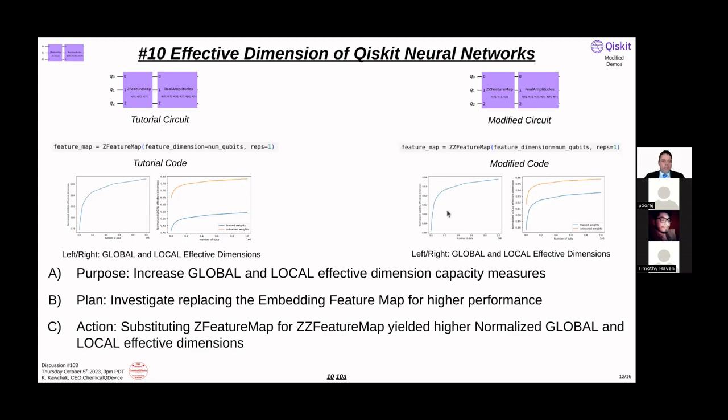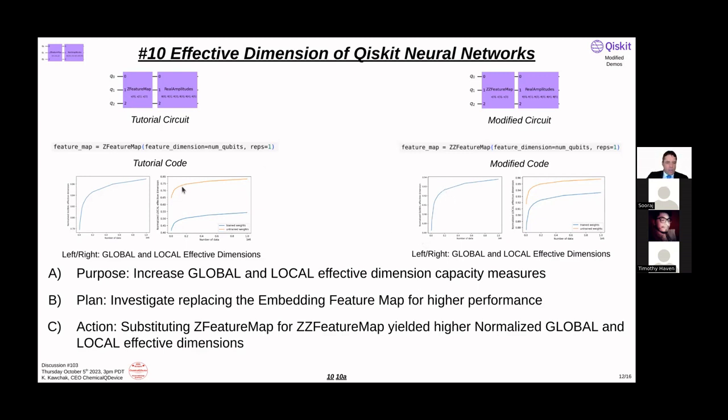Now, what these ABCs at the bottom mean is that we want a good understanding of what they call global and local effective dimension. It's essentially a capacity measure, like you would have in machine learning, but this is what we're doing in quantum. This sounds all fine and dandy, but IBM researchers have found that you can increase overfitting with higher effective dimensions.